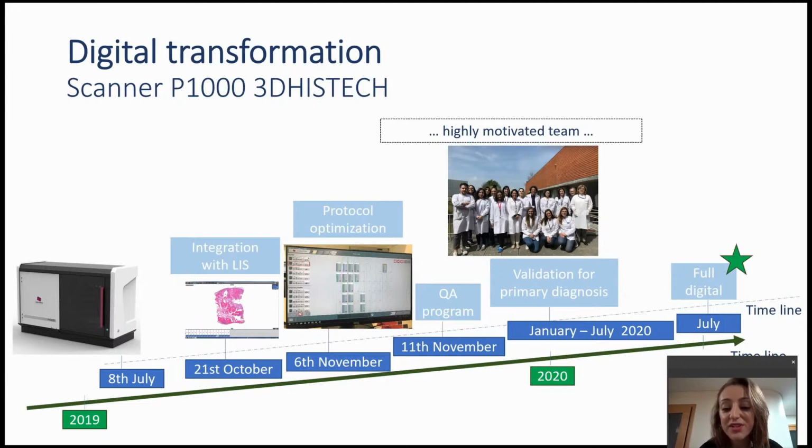Then during the first part of 2020, while the COVID pandemic was running, we did the validation of the digital image for primary diagnosis through the pathologists that were planning to use digital settings. So we turned out to be fully digital one year after the arrival of the scanner.